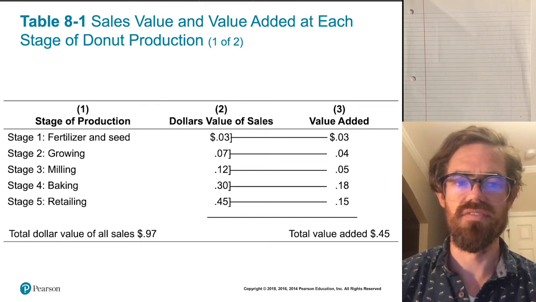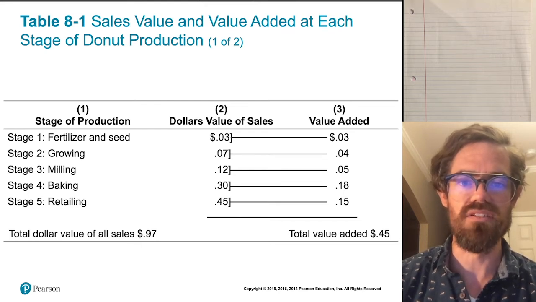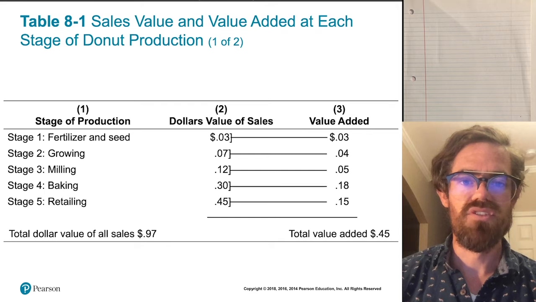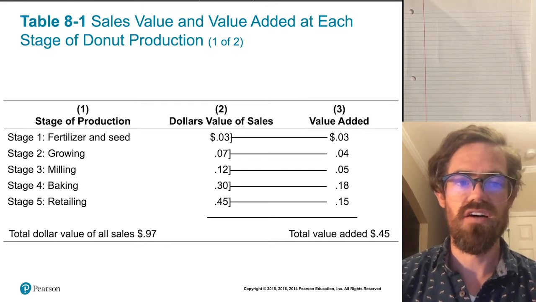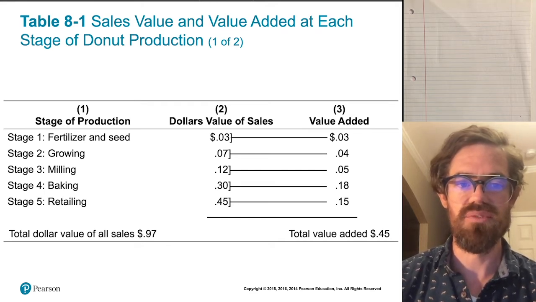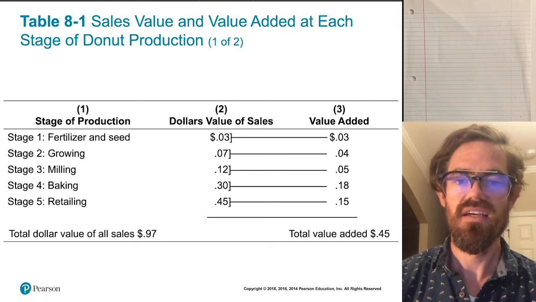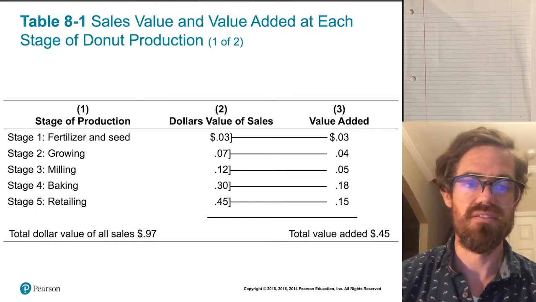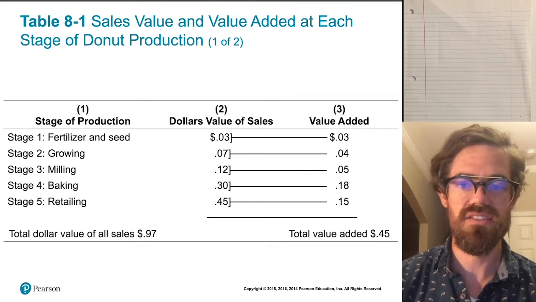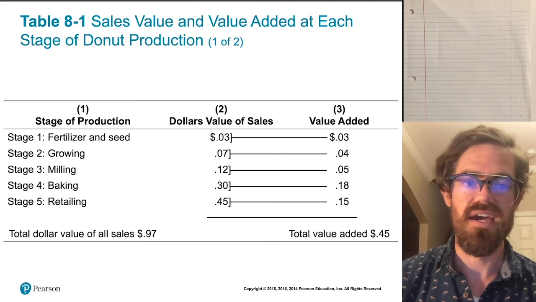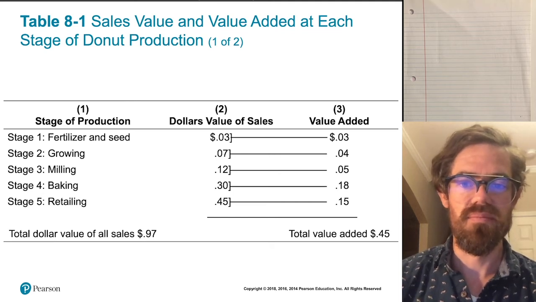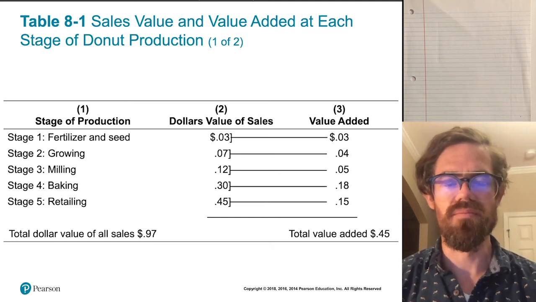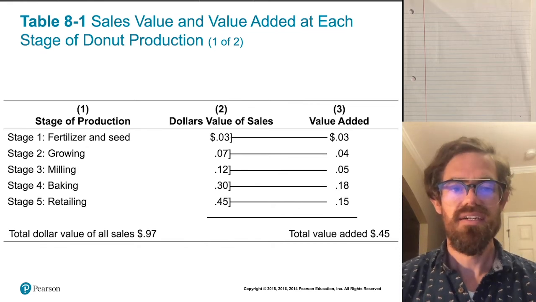So here's an example of value added, right? A numerical example. So we start off, we have different stages of production. We start off with fertilizer and seed, and the value of those is 3 cents, right? The fertilizer and seed is 3 cents. And so the value added is 3 cents. And we're talking about the production of a donut here, by the way.